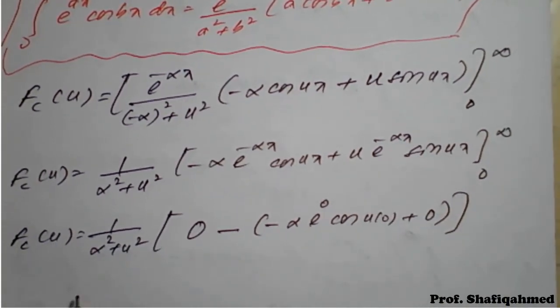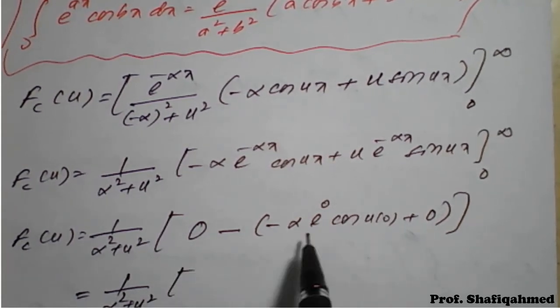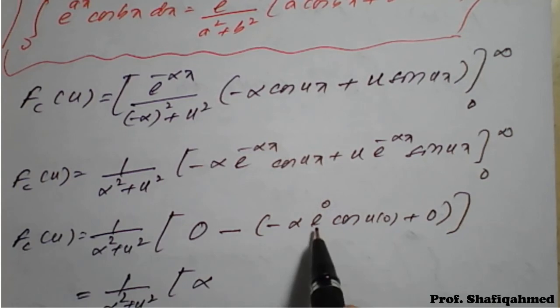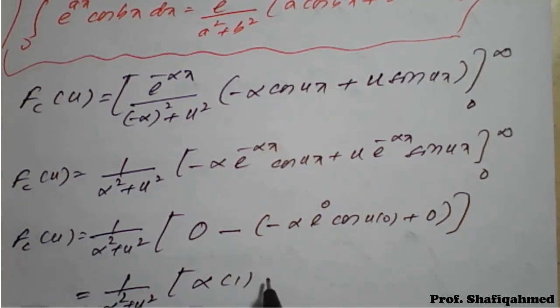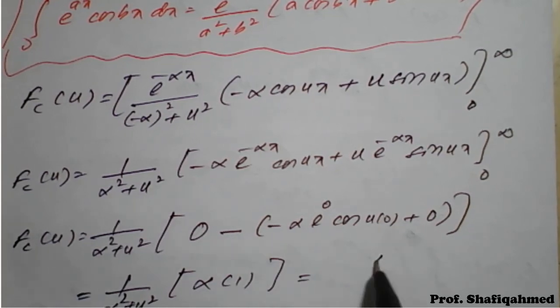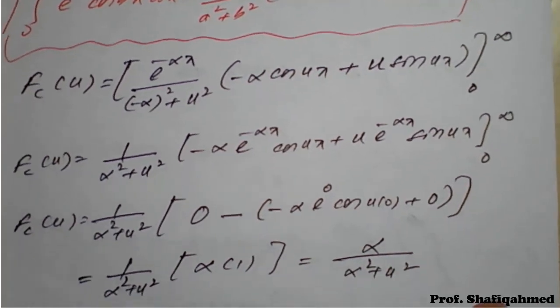Therefore 1 upon alpha square plus u square, minus minus is plus, alpha, e raised to 0 is 1, cos 0 is 1. So alpha into 1 is nothing but alpha divided by alpha square plus u square.